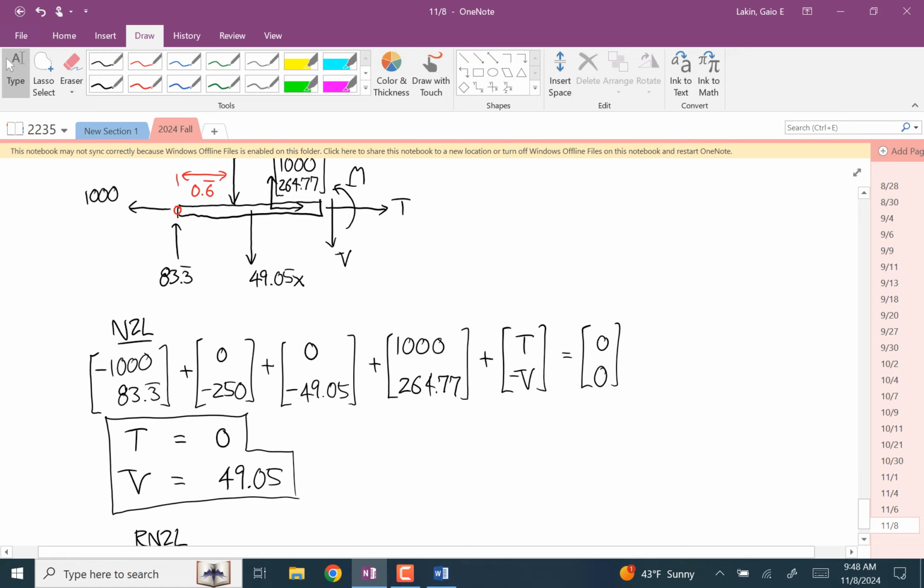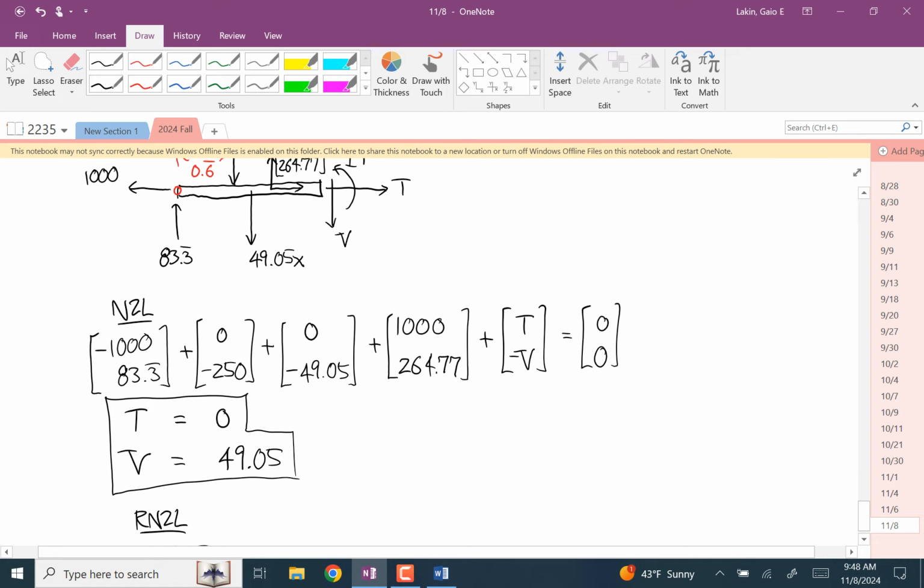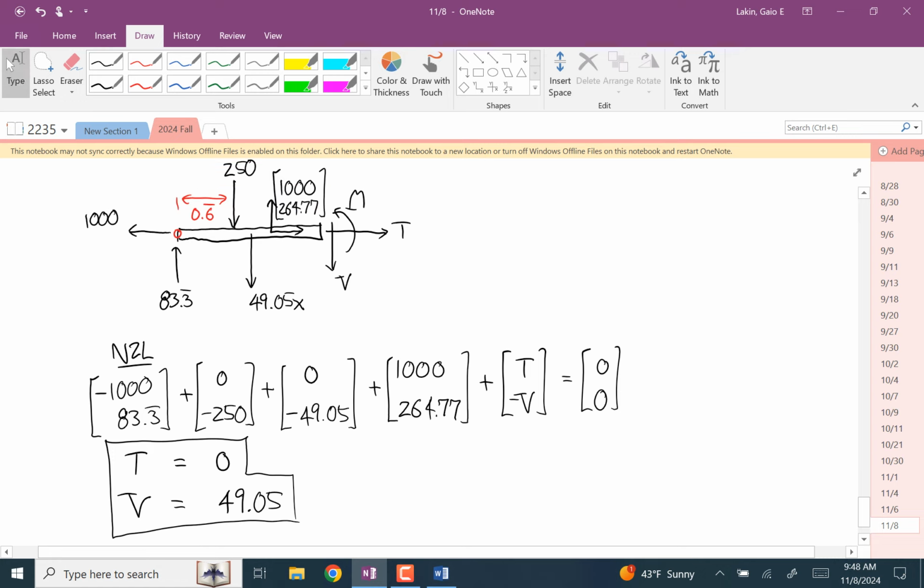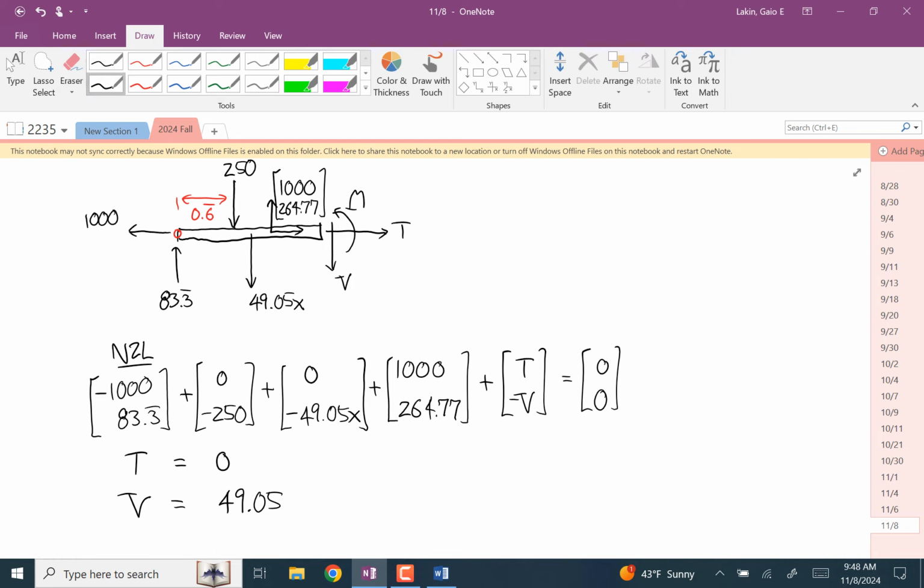So why does that minus 49.05 vector not have x in it? In Newton's second law. Because I didn't put it in here. Thank you. Okay, so that would have been a case where when we would have done the derivatives, we would have seen there was a mistake, and then you go back and find it.